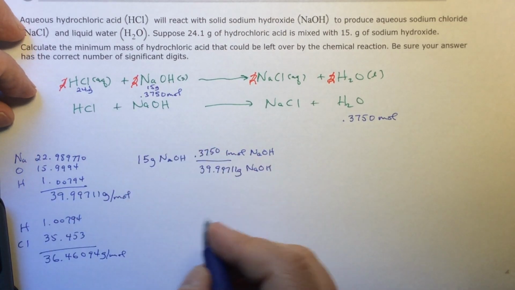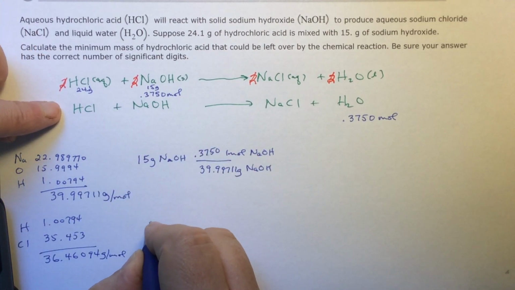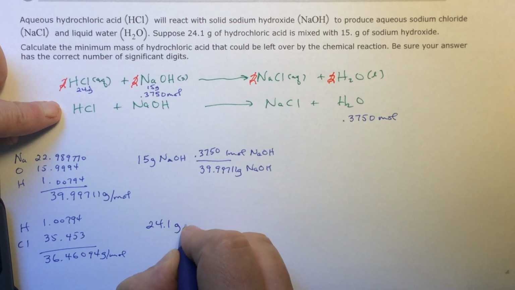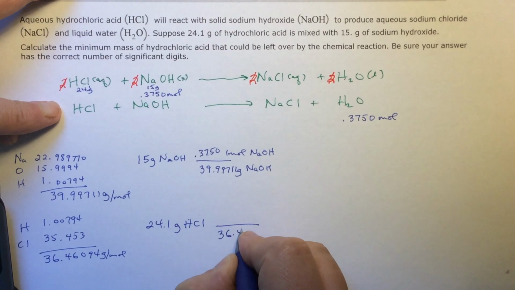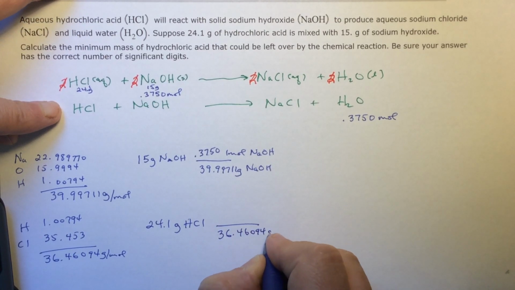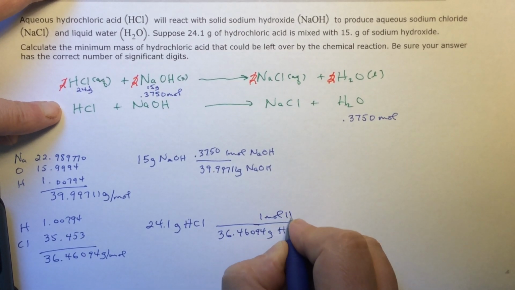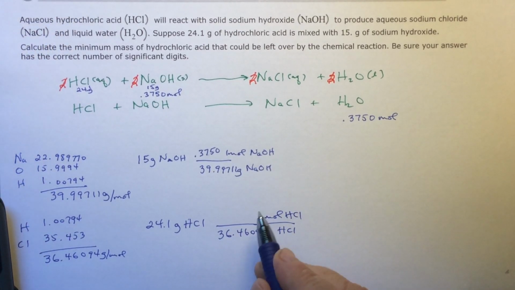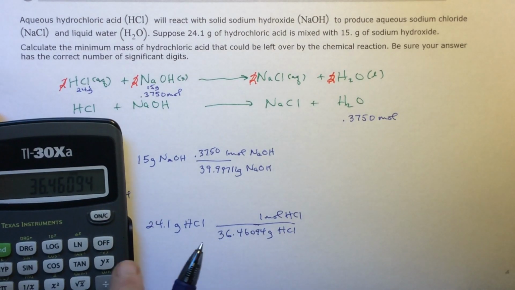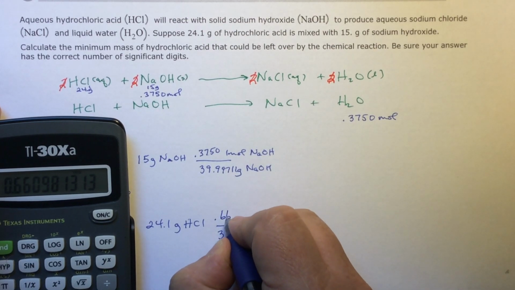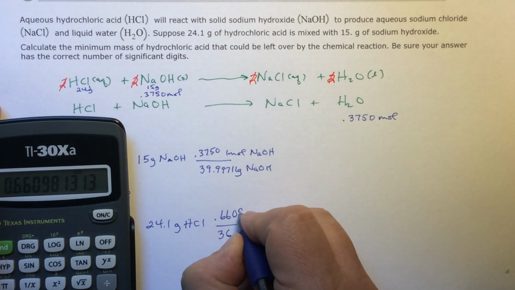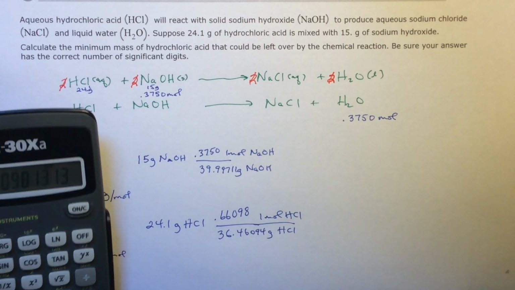Okay. So how much do I have? I have 24.1 grams of HCl at 36.46094 grams of HCl in 1 mole of HCl. Okay, so how much is that going to be? 0.66098 moles.